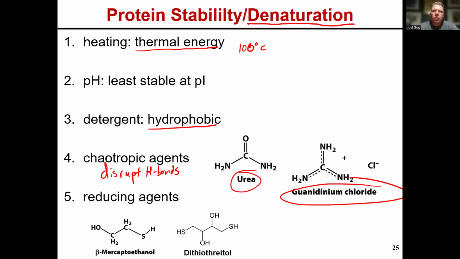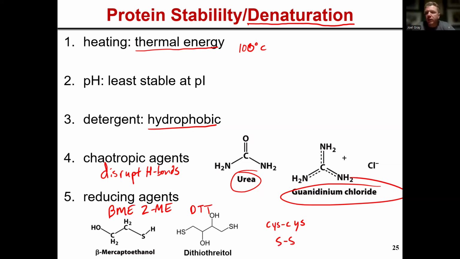Then also, reagents that are critical for disrupting protein structure are reducing agents: beta-mercaptoethanol, also known as BME or 2-ME, and dithiothreitol, also known as DTT. These are reducing agents, and what they do is disrupt cysteine bonds that stem from disulfide bonds.